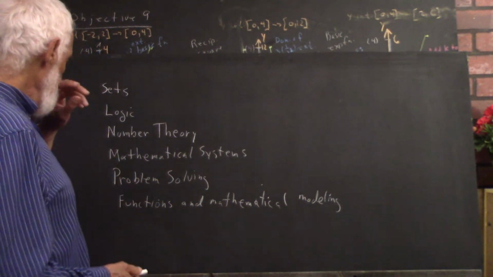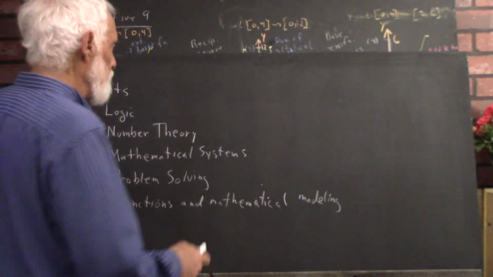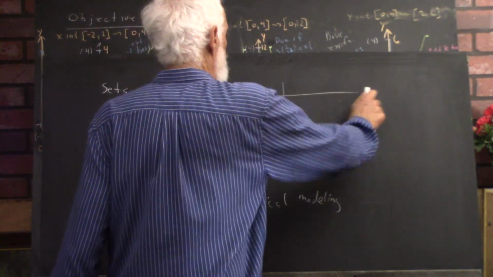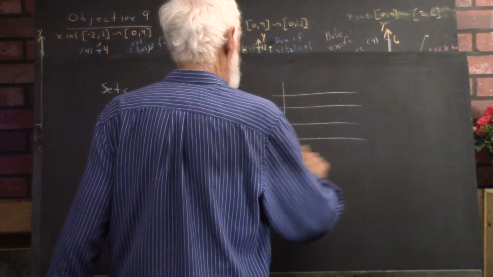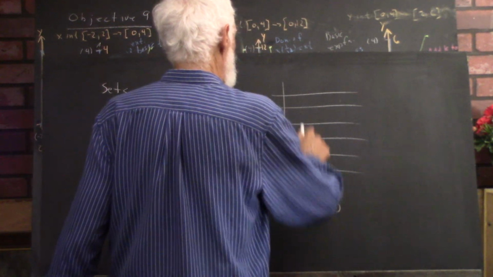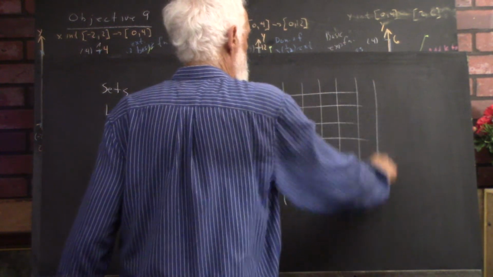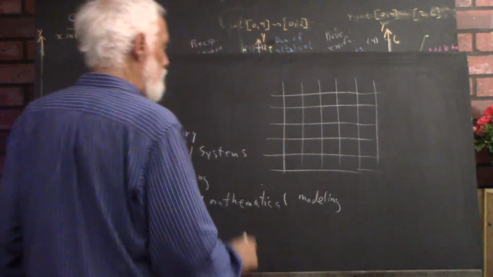And on a daily basis, we're going to have sort of a grid. And I've got a grid all filled out. It looks something like this. I never do go far enough, do I? Okay.